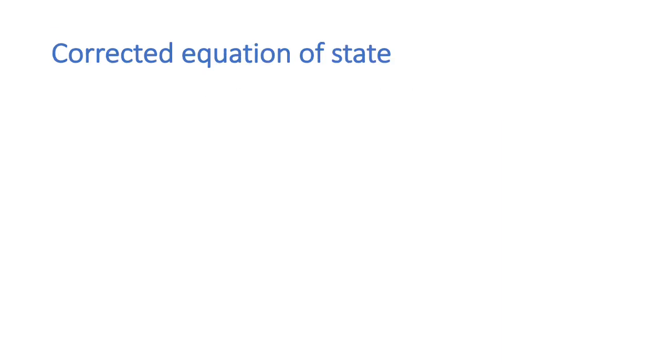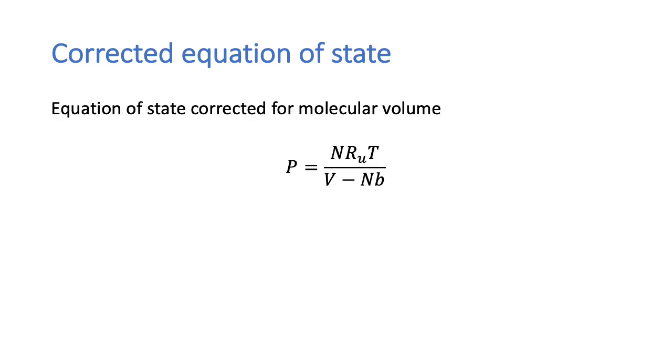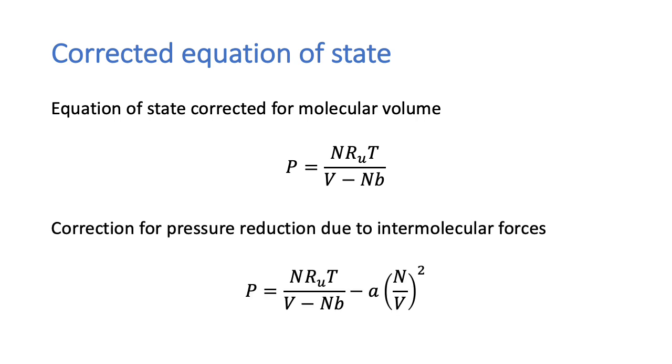So now we can put corrections in the ideal gas equation of state. First we have the equation of state corrected for the molecular volume: P is equal to N RuT divided by V minus NB. Now we add the correction for the pressure reduction due to intermolecular forces, and we reduce the pressure by a times (N upon V) squared, where a is a constant of proportionality.